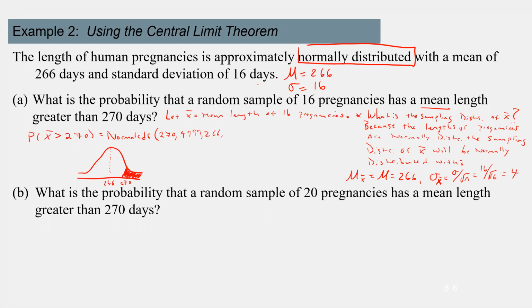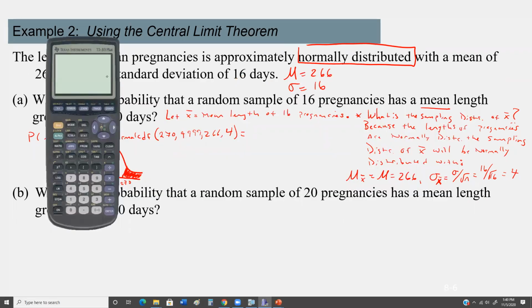And am I going to put 16 or, yep, I'm going to put 4 for the standard deviation. So let's do it on the TI-83. Second function distribution, normal CDF, 270, comma, 99999, comma 266, comma 4.